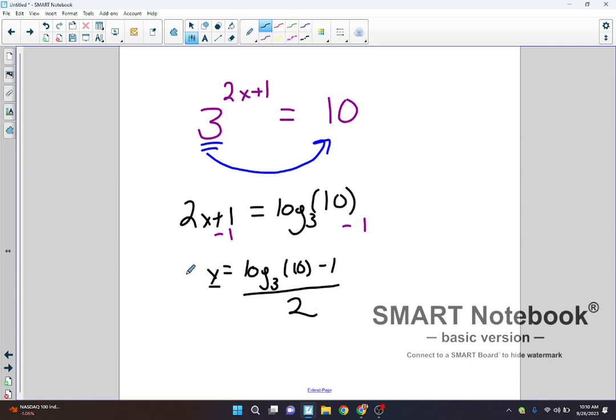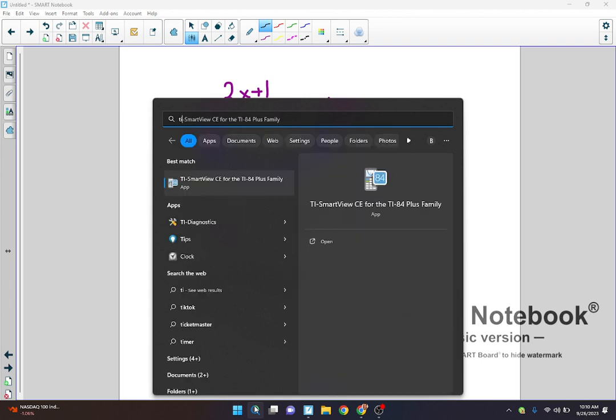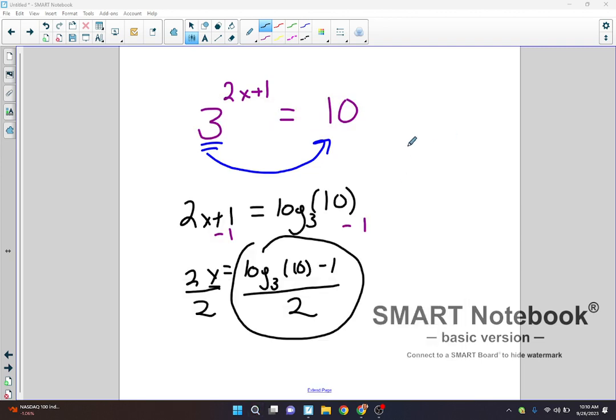So your answer would be this thing. But let me just show you how to put it into the calculator. But just remember, if you have a log with a different base than 10 or e, aka ln, you can always rewrite it as log 10 over log 3.